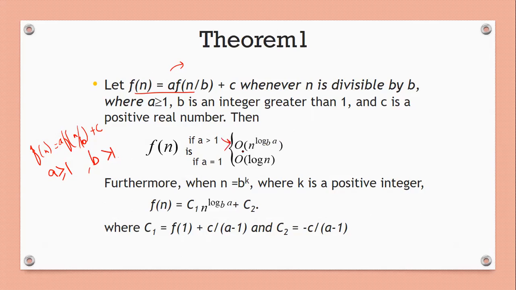Okay, if a is greater than 1, it means our complexity will be n power log a to the base b, and if a is equal to 1, it will be order of log n.